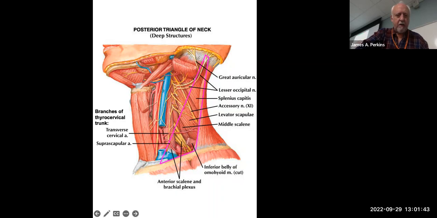So great auricular is the one that runs up along the outside of sternocleidomastoid, runs along with that vein. Lesser occipital would be running along the posterior border of sternocleidomastoid. Some of the others have been removed here. So transverse cervical and suprascapulars have all been cut off here.